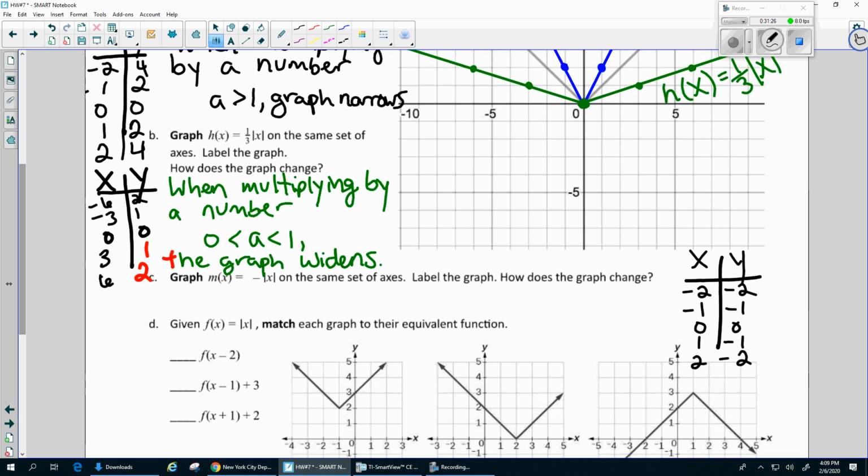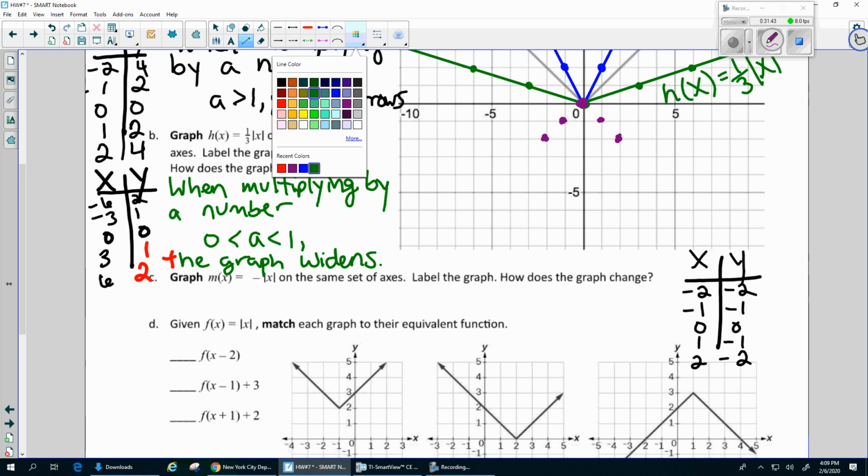So let's graph. I start at the origin, and I'm going to plot my remaining points. And then I grab my straight edge. You're probably bored of me by now.